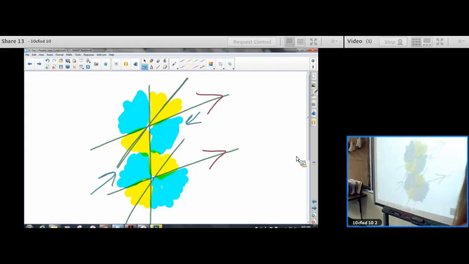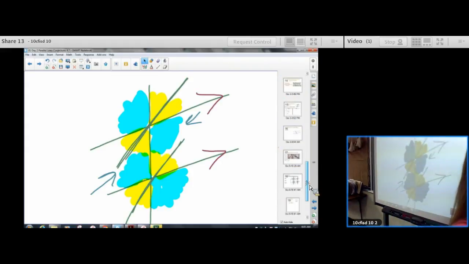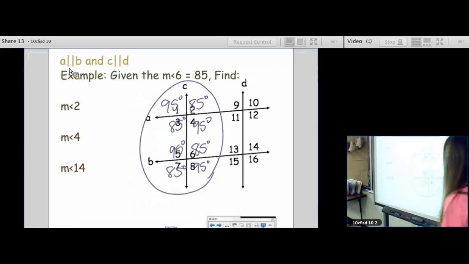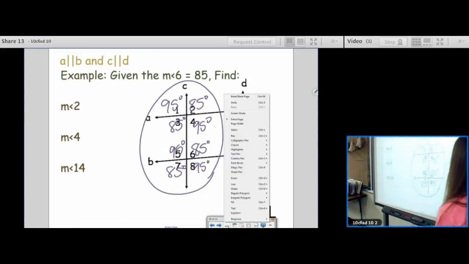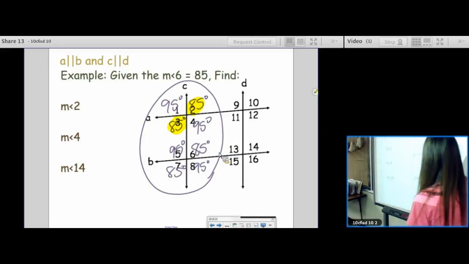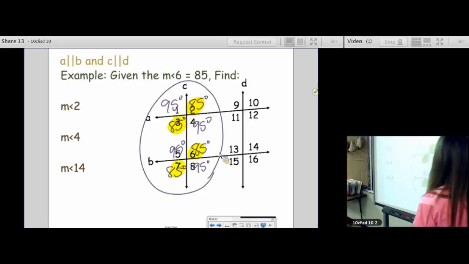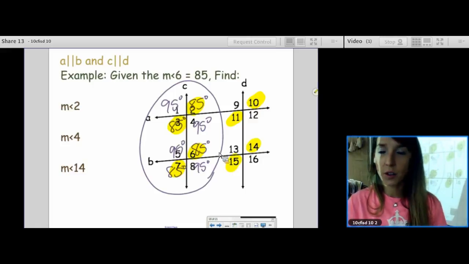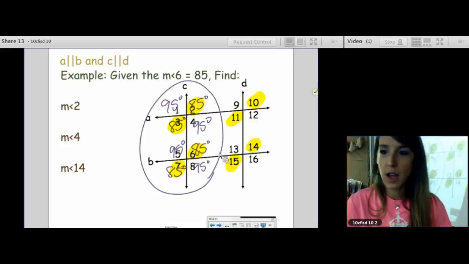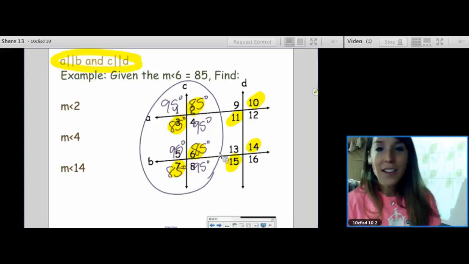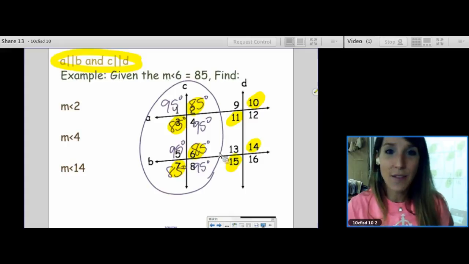So if you ever see a picture like this, with all of those crazy angles, you can pick one diagonal and just circle everything on the diagonal. You get circled, you get circled, you get circled. Keep going on that same diagonal. Now in these 16 angles, everything circled is 85. All of them done because of this. Everything not circled that I didn't touch is 95.